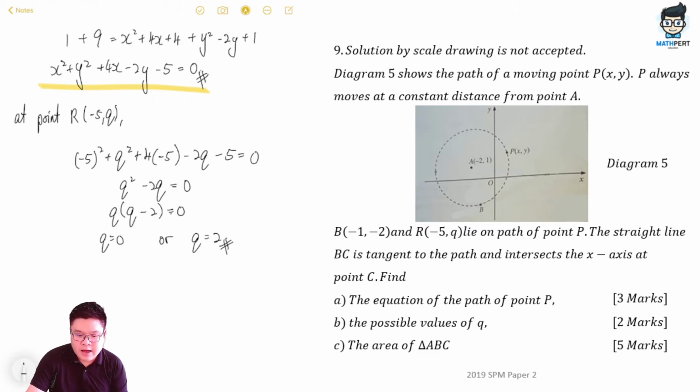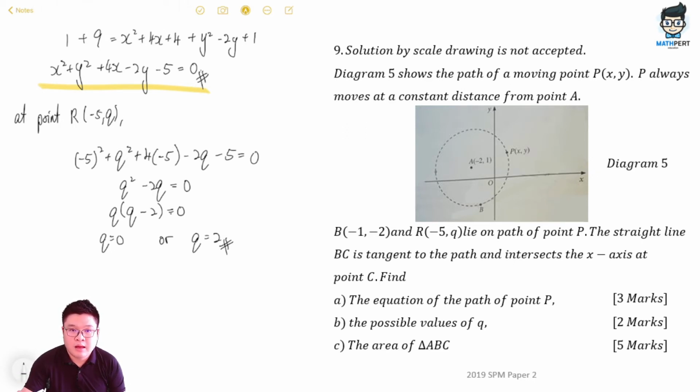Right, and then find the area of ABC. We know the coordinates of point A, and we know the coordinates of point B. So what are the coordinates of C? We know that the straight line BC is the tangent to the path. So we need to differentiate the equation of the circle so that we get the gradient of the tangent. Then we substitute point B into the gradient of the tangent, and then we have the gradient.